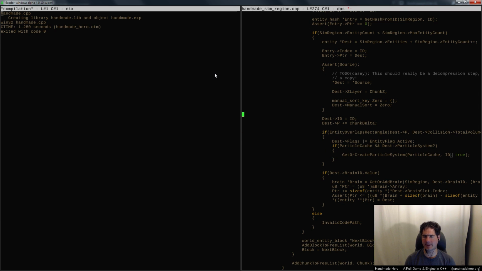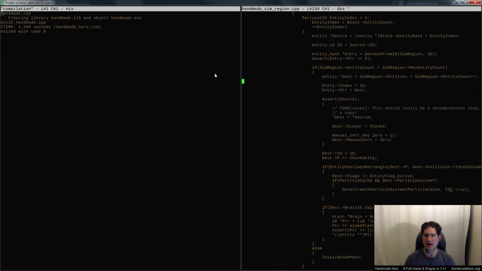Now, I don't know that we need to pass anything else. I think that might be all we need to pass. And so when we do get or create particle system here, that will generate the particle system. Presumably the particle system also wants to know the information about its location, because like I said, it has to do its sim stuff, and it needs to know where that particle would actually be.